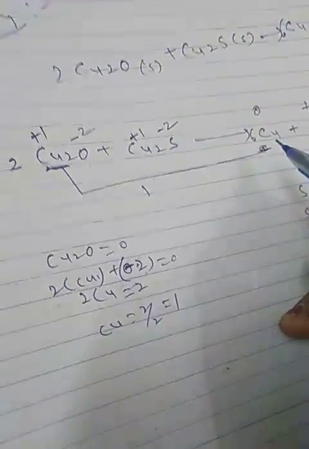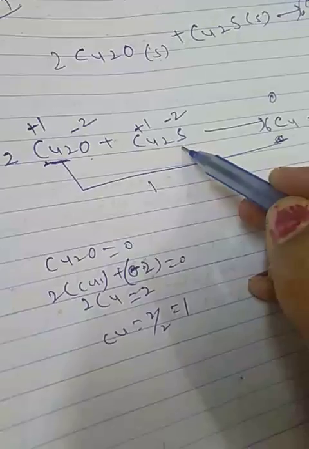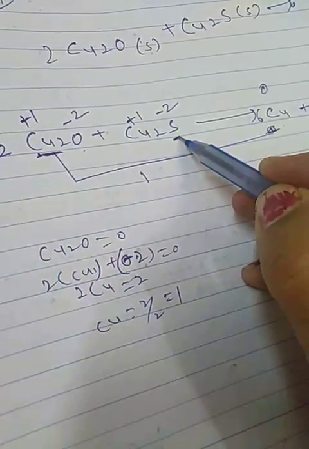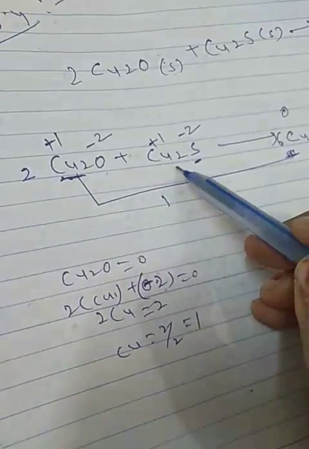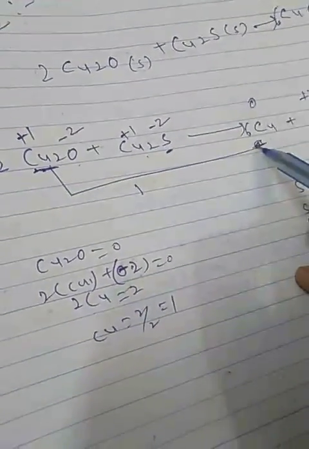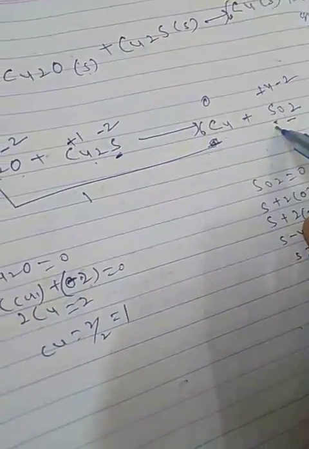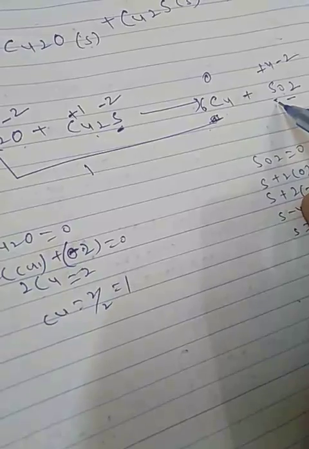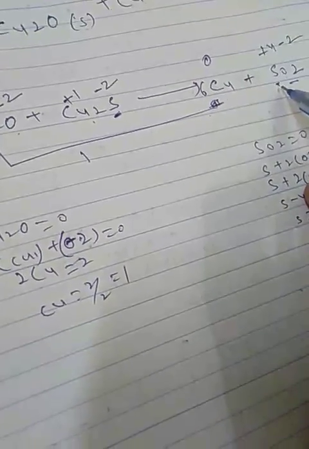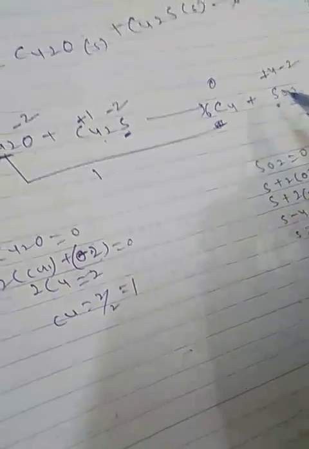And sulfur is oxidized: copper goes from plus 1 to 0 on both sides, and sulfur goes from minus 2 to plus 4. So sulfur is oxidized. Copper from plus 1 to 0 is reduced, sulfur from minus 2 to plus 4 is oxidized.